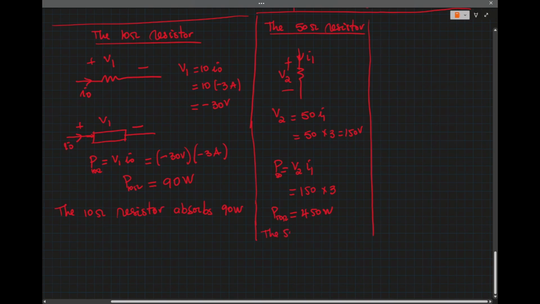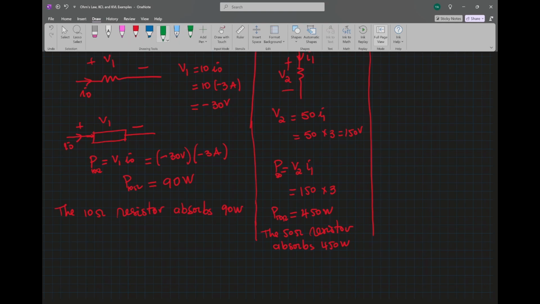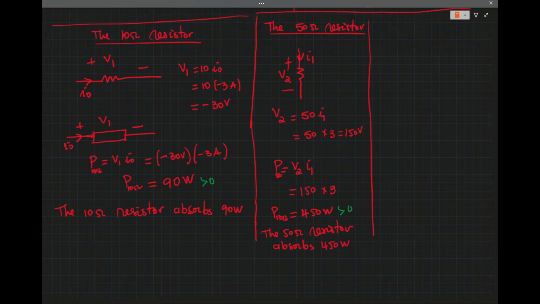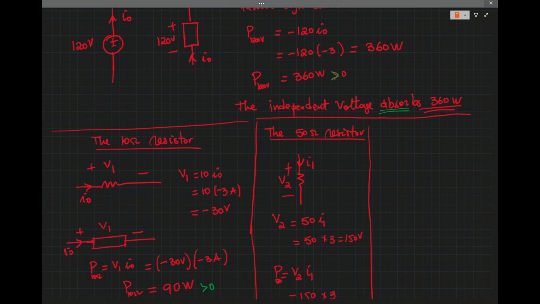The 50 ohm resistor absorbs 450 watt, right? Because that's positive. The conclusion is that because this is positive, that's why we say it's absorbed.